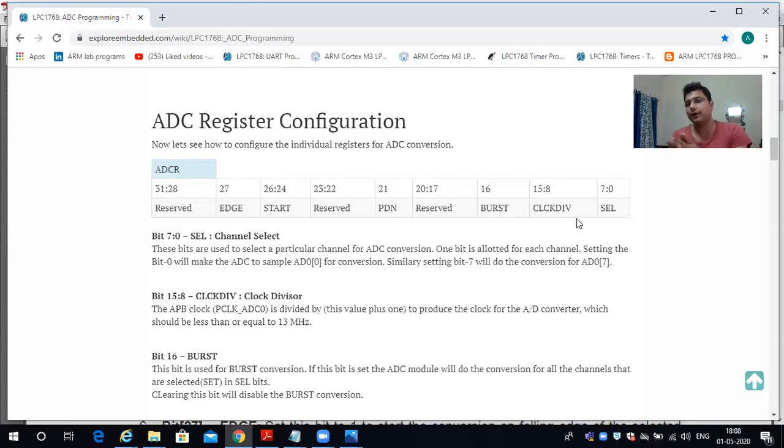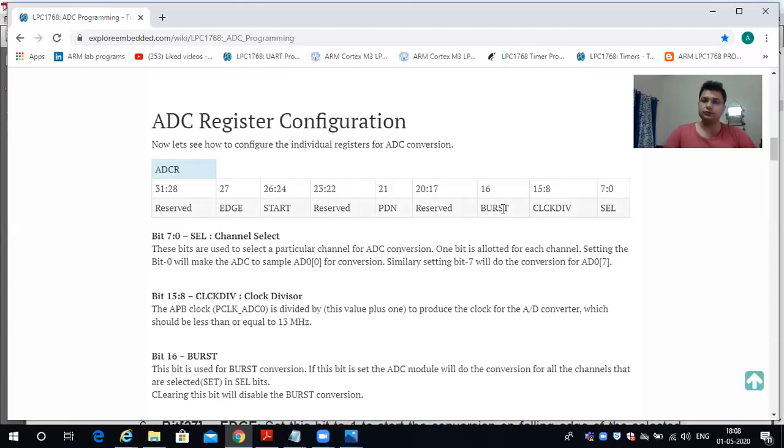Whatever we write, plus 1 will go as a multiplier factor, and in that proportion we can slow down whichever PCLK we previously selected.